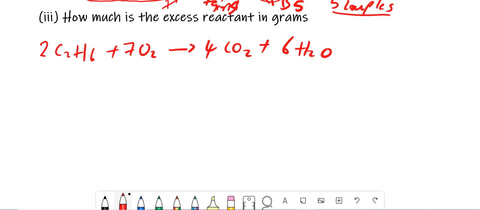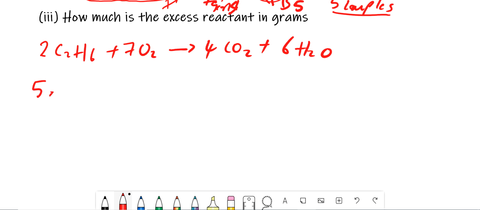So you will calculate how much ethane will react to form 5.5 grams of CO2. You want to find out how much will react, and then subtract it from the starting mass that was put in the combustion engine.